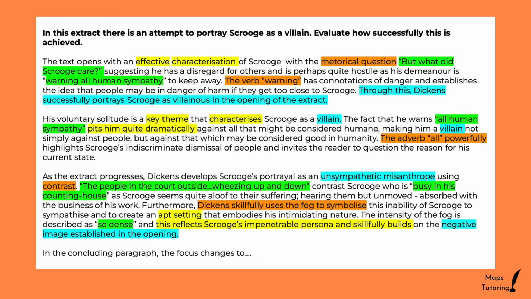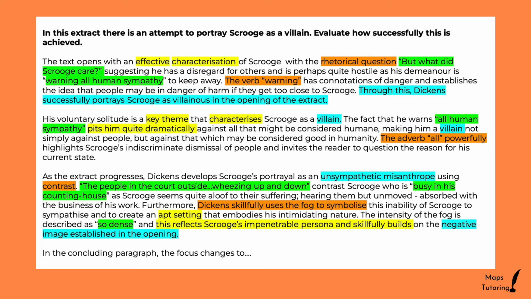The people in the court outside wheezing up and down contrast Scrooge, who is busy in his counting house, as Scrooge seems quite aloof to their suffering, hearing them but unmoved, absorbed with the business of his work. Furthermore, Dickens skillfully uses the fog to symbolize his inability to sympathize and to create an apt setting that embodies his intimidating nature.